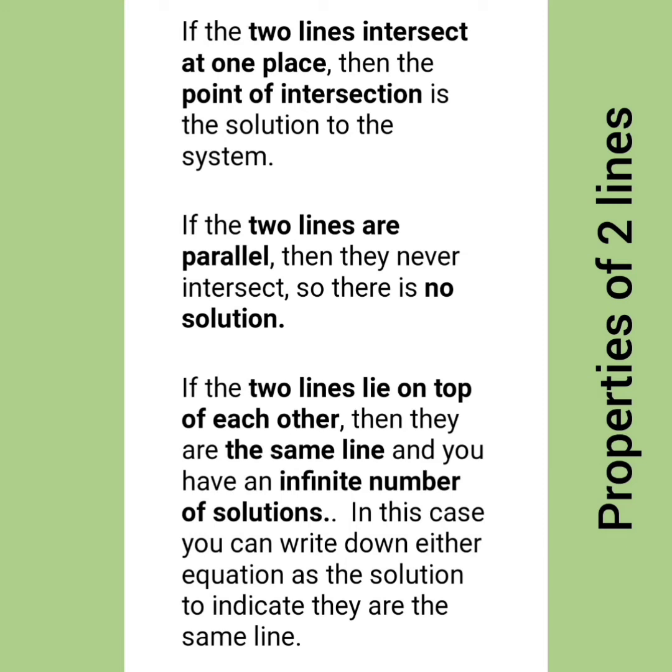If two lines are parallel, then they never meet, they never intersect, so there will not be any solution. If the two lines lie on top of each other, then you will find an infinite number of solutions. In this case, you can write down either equation as the solution to indicate they are the same line.